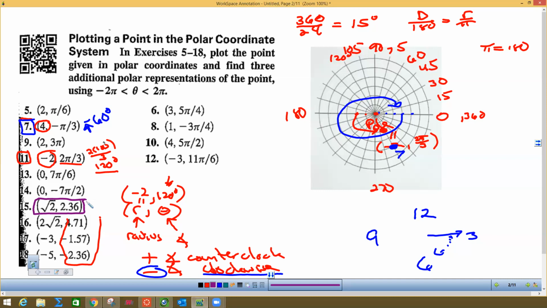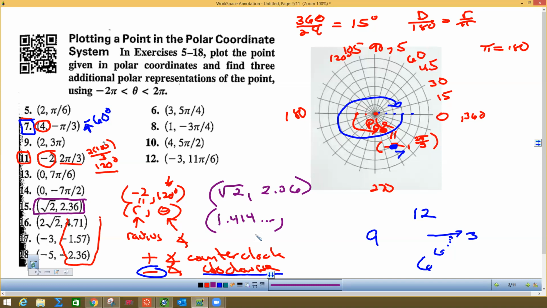Okay? So what I need to do is, first of all, figure out what radical 2 rounds to. So I take my calculator and hit the square root of 2, and you're going to get 1.414 something.